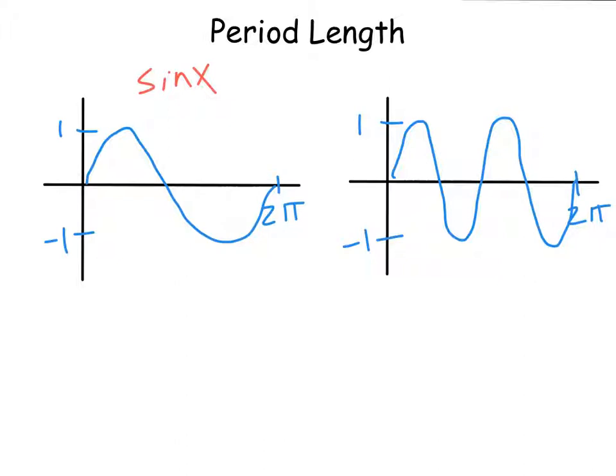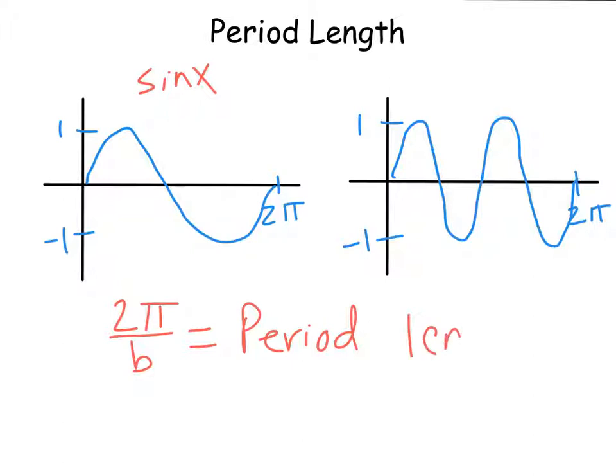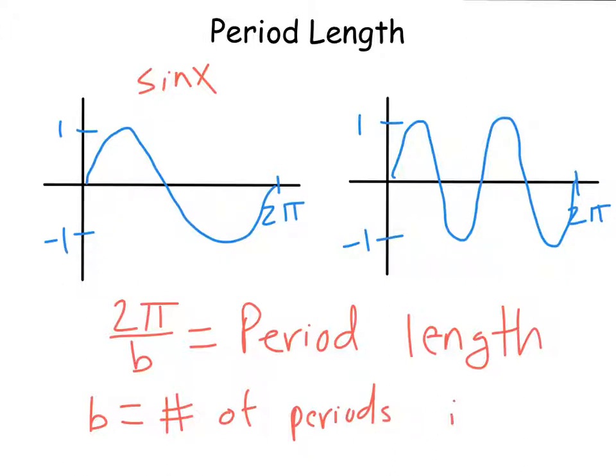And we have this new parameter called b. We have to be really clear about b, because we don't want to get it confused with period length. B, which we'll refer to quite a bit, is not the period length. It will change it. If you want a definition for what b is, it is the number of periods in 2 pi.